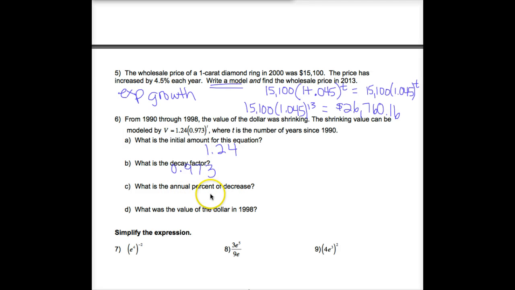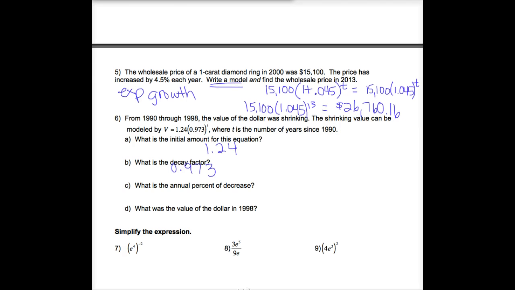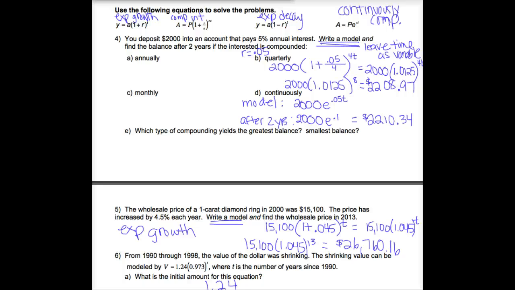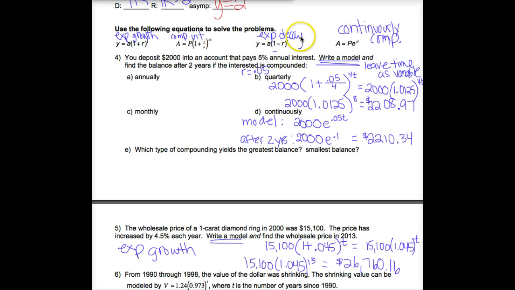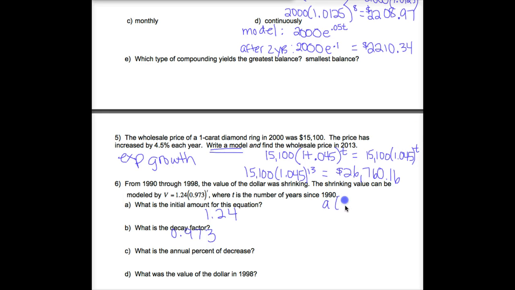What is the annual percent of decrease? Again, this is exponential decay because it's shrinking. So if we're looking at the exponential decay formula, which is right here, A times 1 minus R raised to the T.